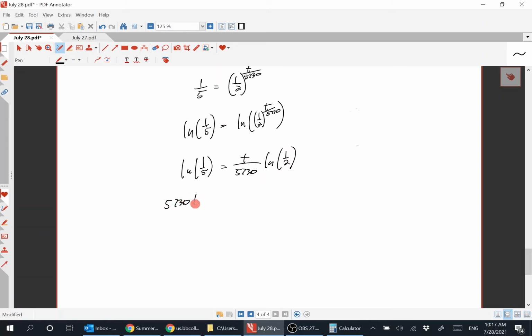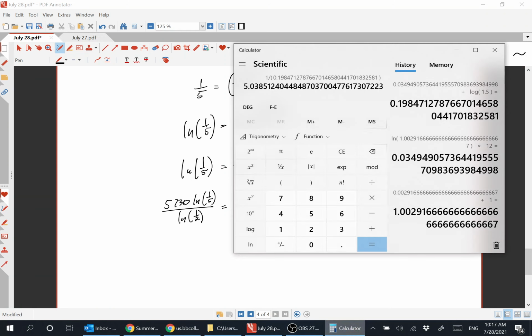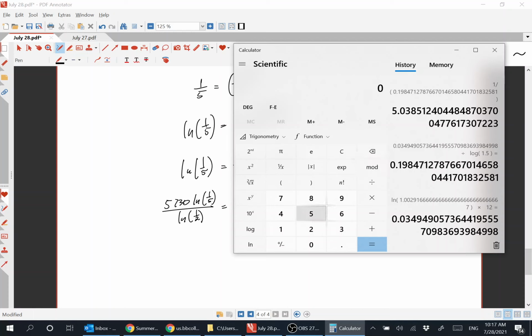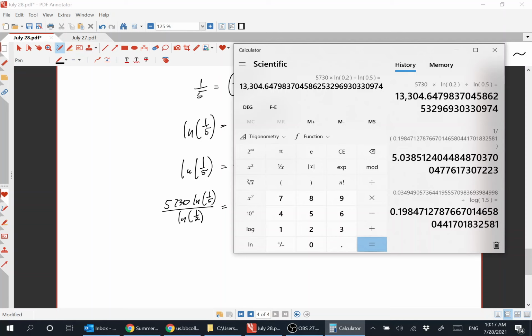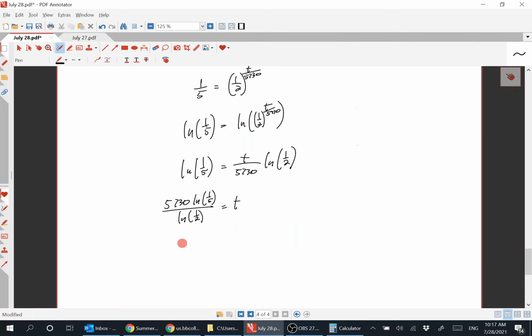So 5730 natural log of 1/5 over natural log of 1/2 is t. Okay, so we can calculate that. 5,730 times natural log of 0.2 divided by natural log of 0.5 is 13,304 years.